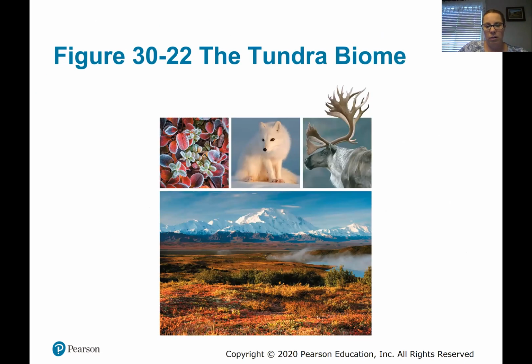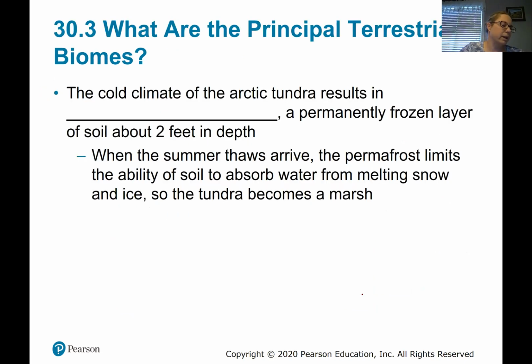Here are some of the organisms that live here: caribou, Arctic fox, so forth. The climate, though, is so cold and doesn't really warm up enough that it results in what's called permafrost, which is permanently frozen ground. So the soil would be permanently frozen to about 2 feet down, and only the top small layer thaws during the summer.